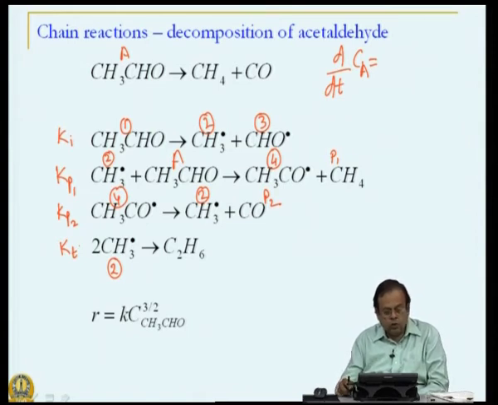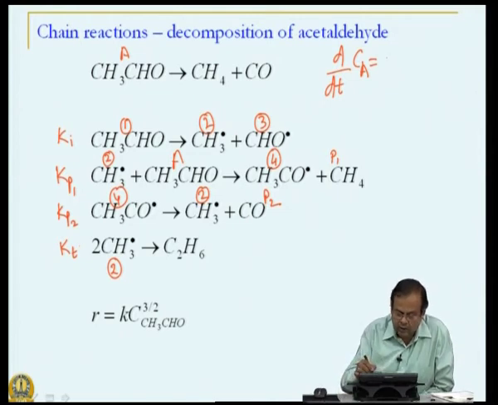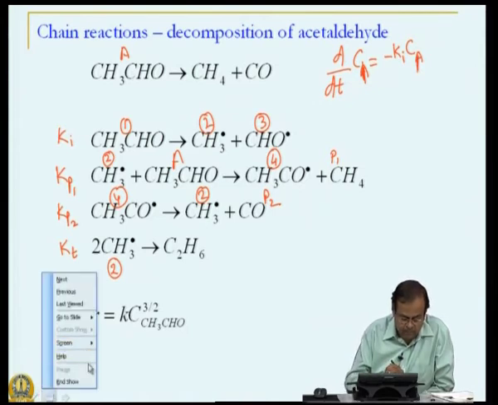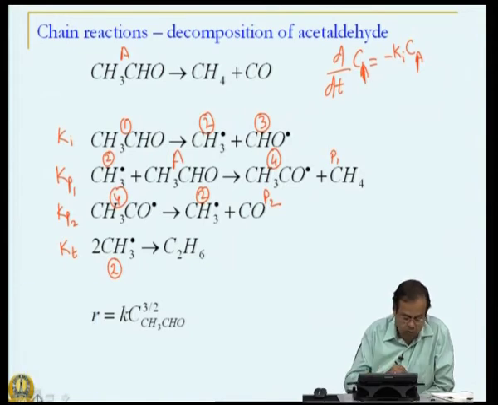Okay. So, let us write down the mass balance equations as minus Ki into C1, because we call this acetaldehyde species 1, okay, to avoid any confusion and to be consistent.